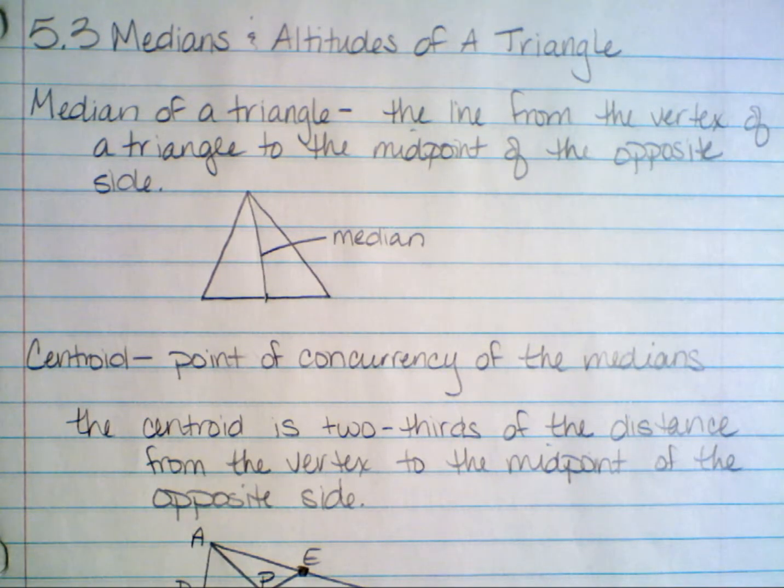And the centroid is 2/3 of the distance from the vertex to the midpoint of the opposite side.